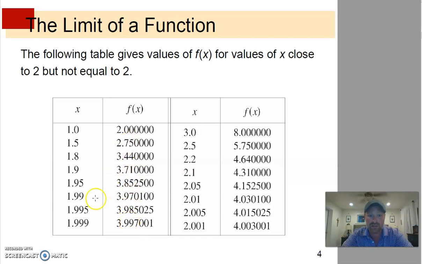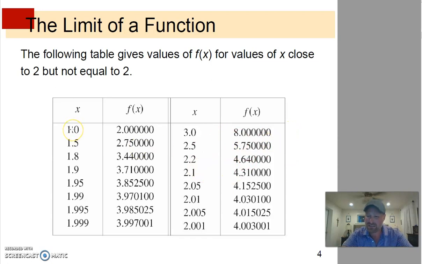And if the values of x are approaching 2, what do we think the values of f of x are approaching? If 1.999 is very, very close to 2 and essentially approaching 2, then I would say 3.997001 is approaching 4.